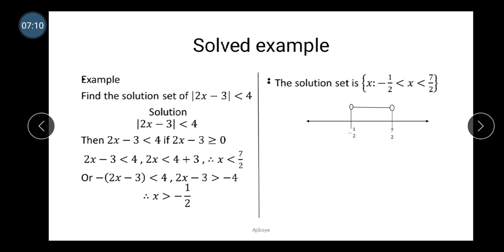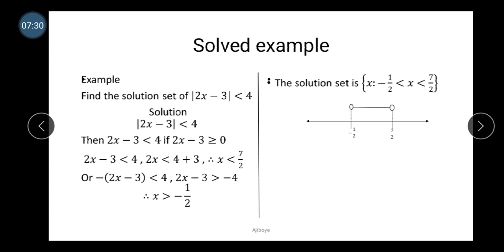That is positive. And then if we solve that, 2x minus 3 is less than 4, meaning that 2x is less than 4 plus 3. That means x is less than 7 over 2.